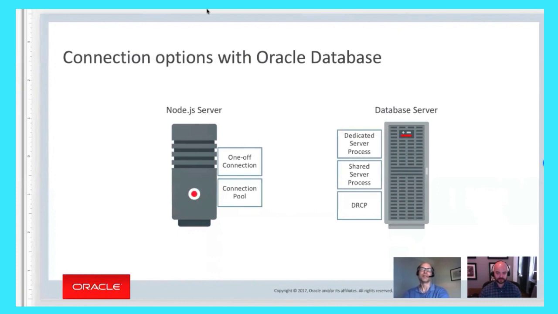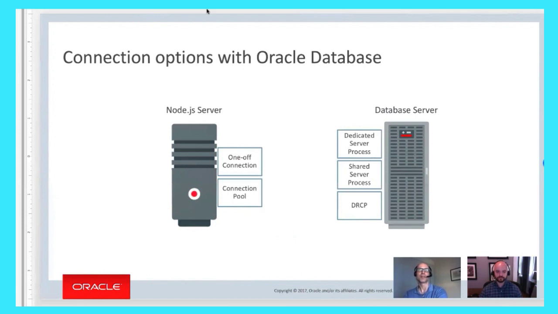But really, from the application point of view, use a connection pool, and that's a shared resource on the Node.js server side. In Dan's examples, he was using a connection pool of size 20, so there'd be 20 little arrows going across to the database server side. How those get handled there would be determined by the process model on the right-hand side: dedicated, shared, or resident connection pooling.